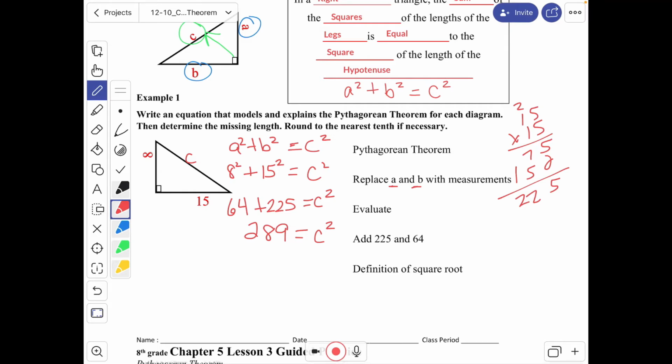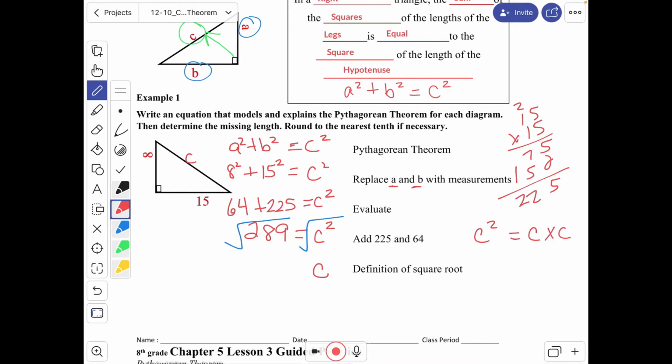And then we want to determine the square root, because we want to undo the square, c squared. So I'm going to find the square root of both sides. If I do it to both sides, it'll stay balanced. Well, the square root of c squared would just be c, because that c squared means c times c.